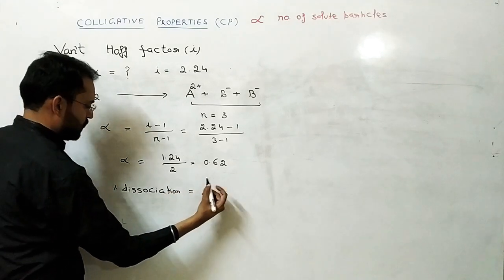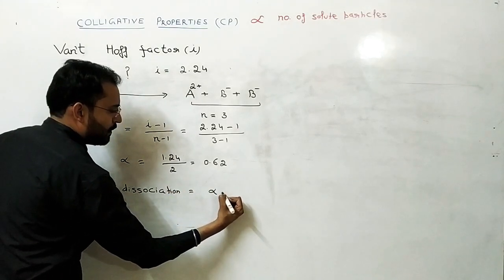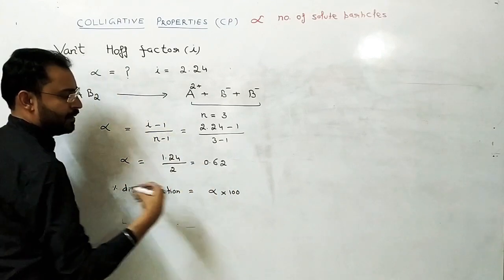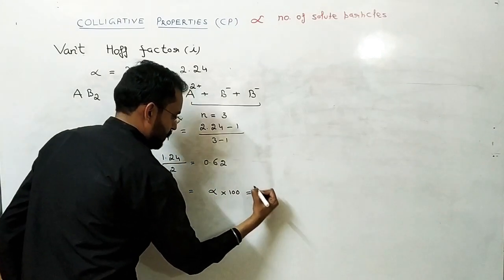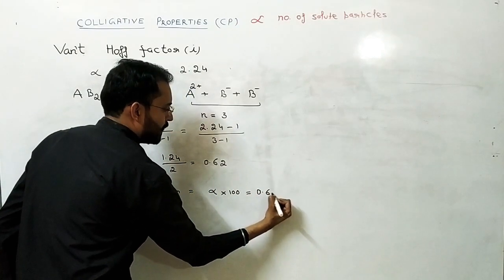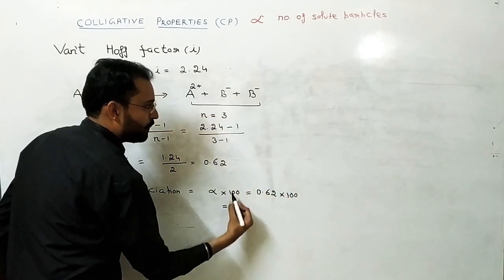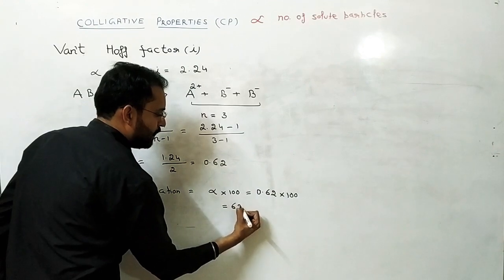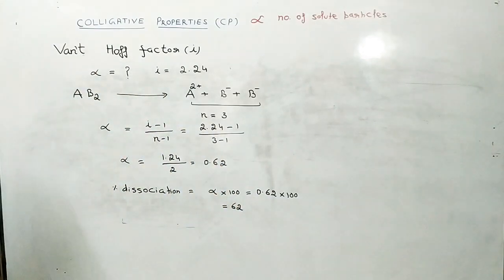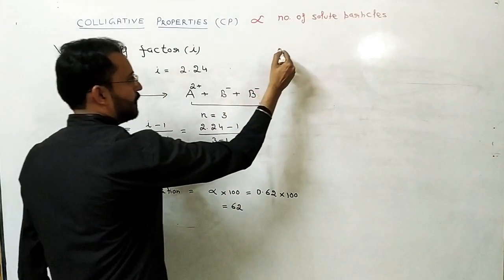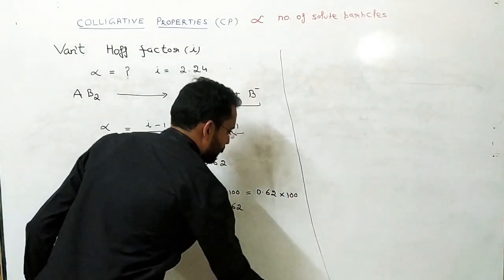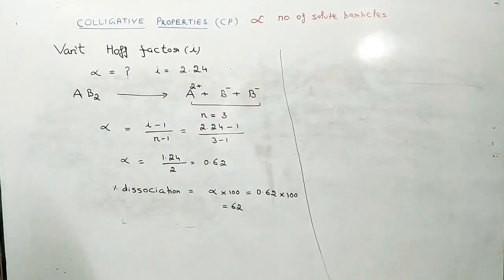Percentage dissociation is, students, alpha into 100, which is equal to 0.62 into 100, equal to 62. Okay? Just note it down.